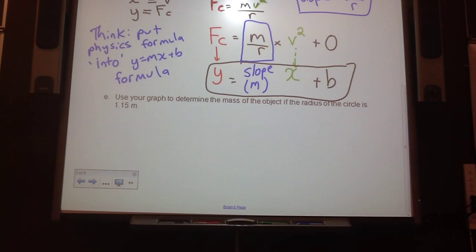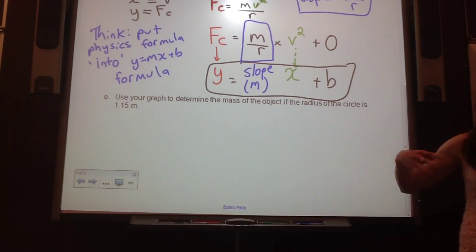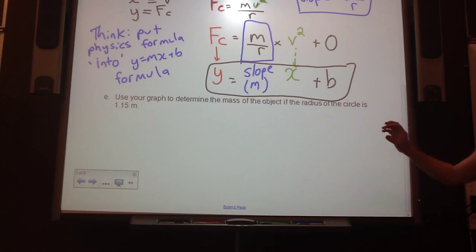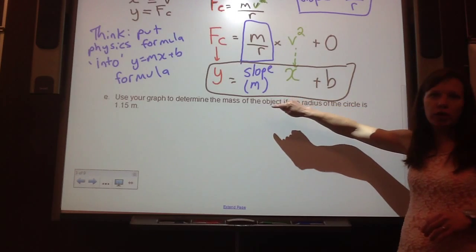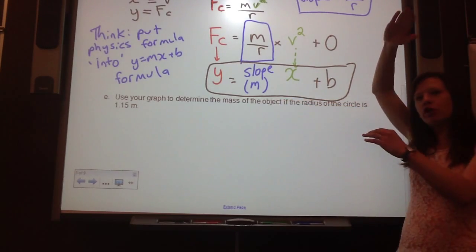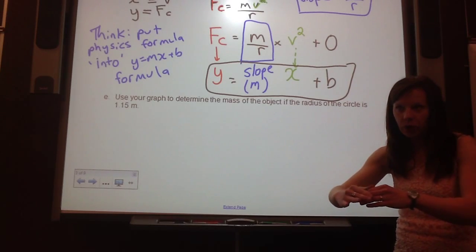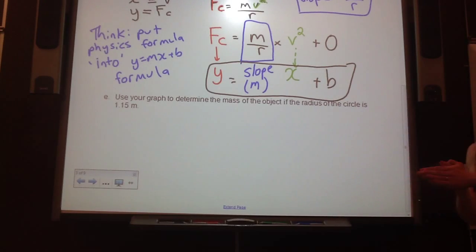Now, the reason why we do that is because then often we're asked another question. This is the type of question that, if you were asked something with a graph on a diploma, this E question would be the point that you would be asked to do. And you would have to know to do all those other steps. So this is the application point. It says use your graph to determine the mass of the object if the radius of the circle is 1.15 meters.